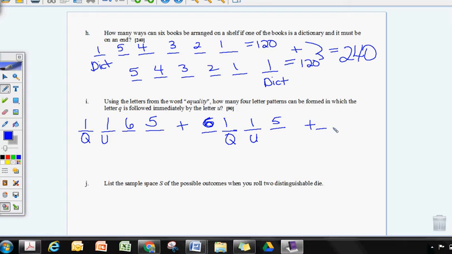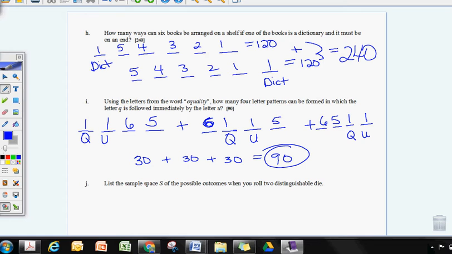And is that the only spot where the Q and the U could go? No, the Q and the U could also go here. I still have one choice. This is 6 and this is 5. The U can't go at the end because I can't have the U immediately follow it. So this is 30 plus 30 plus 30. That gives me 90 total choices.